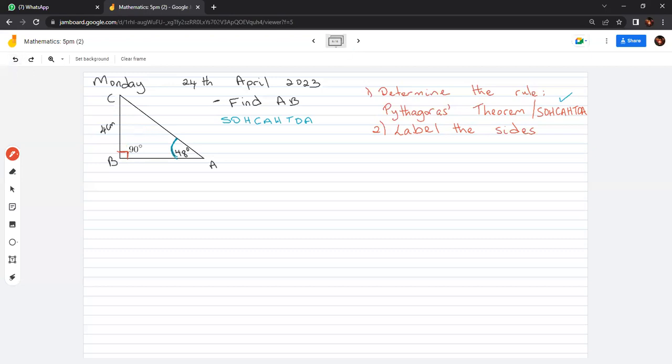So this here is going to be your hypotenuse. The side opposite the angle that is given, or they ask you to find, is known as opposite. And then your third side is the adjacent.